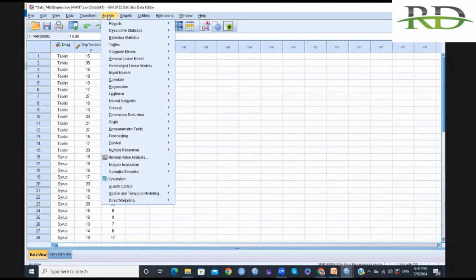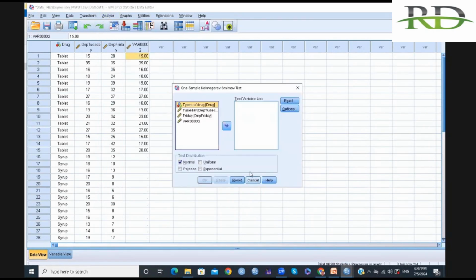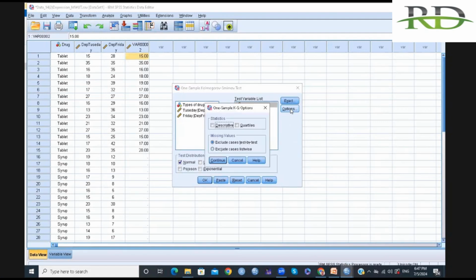Let us go to Analyze, then go to Nonparametric Tests, go to Legacy Dialogs, and there you will see the one sample test. This variable we wish to check here. No need of that, it is already ticked.